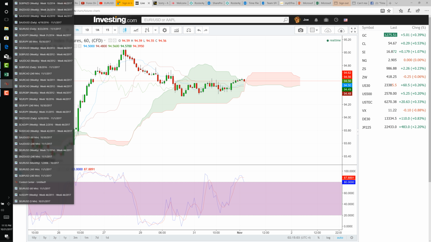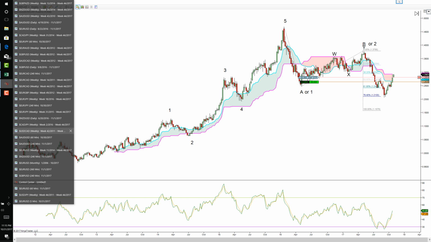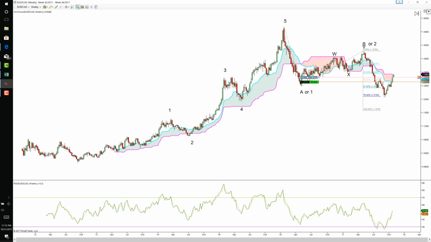The only good thing I'm actually currently in, and it's going as I expected, was the CAD. I think I was in at around a couple days ago. I think I was up like 140, and I've already pretty much got another 120 ticks. So I am expecting price to continue to find resistance at around 129.35 or so.